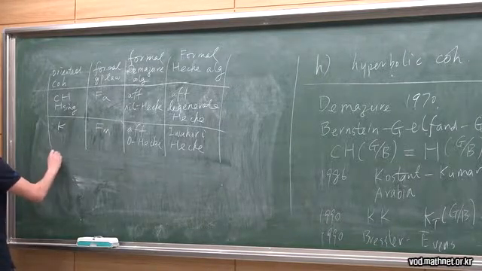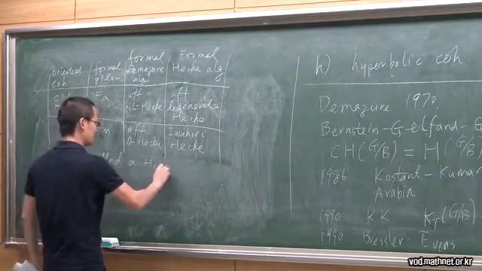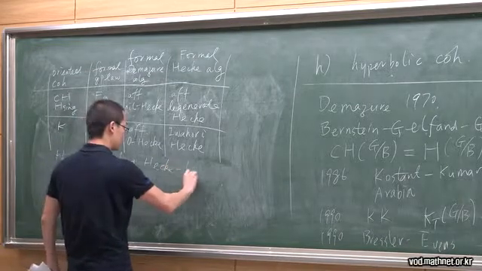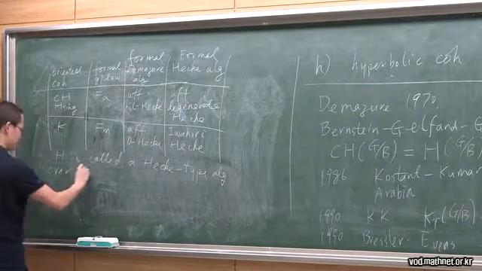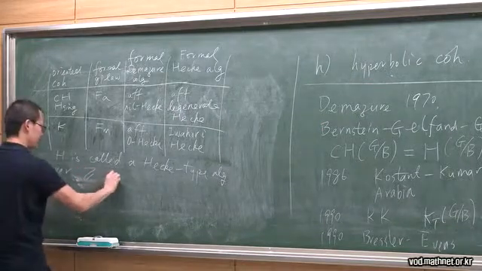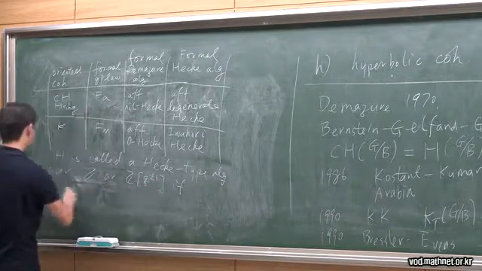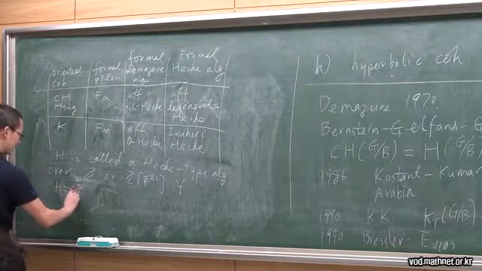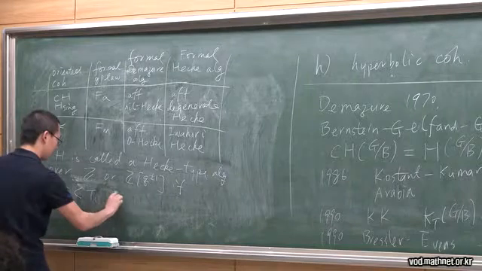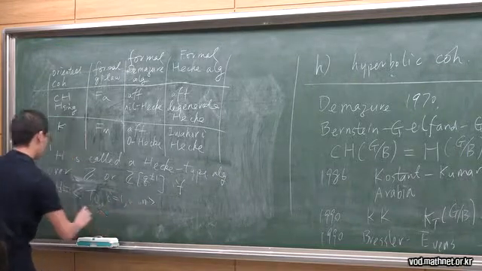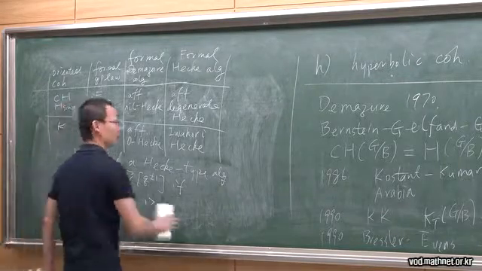So H is called a Hecke algebra over, you can just take Z or Z[q, q^-1], if H is generated by generators, say Ti, i from 1 to n, subject to the following relations.